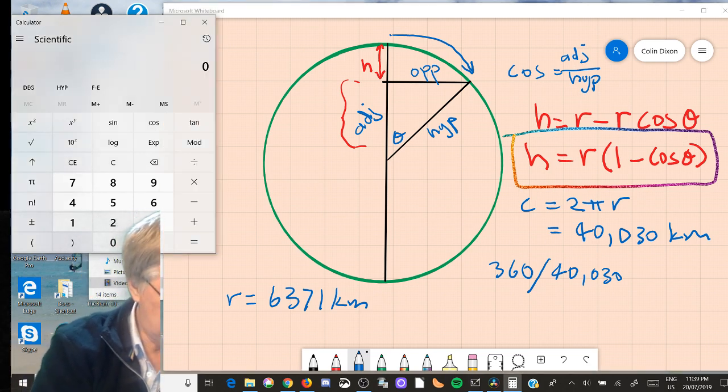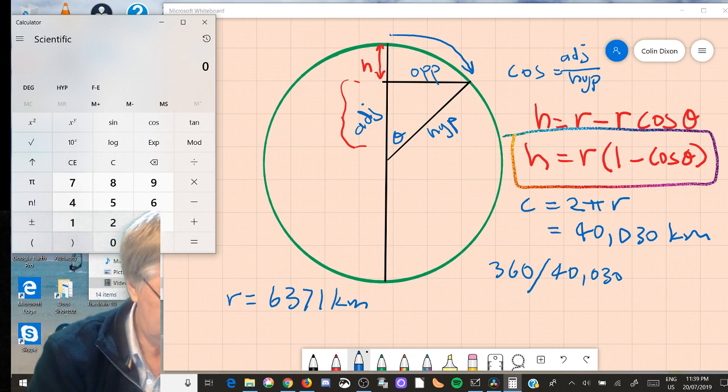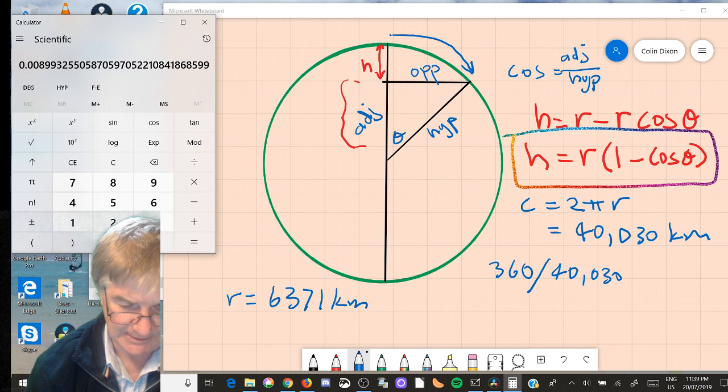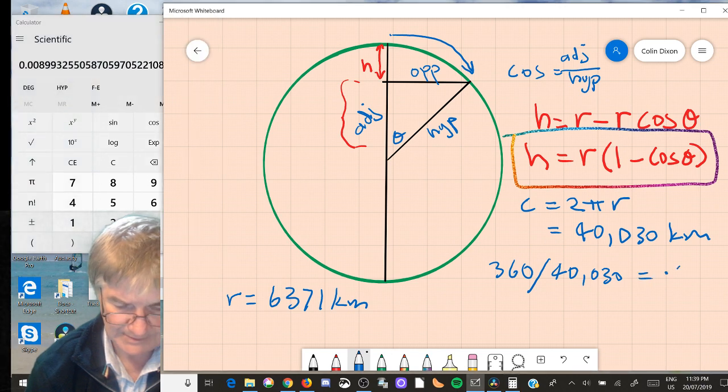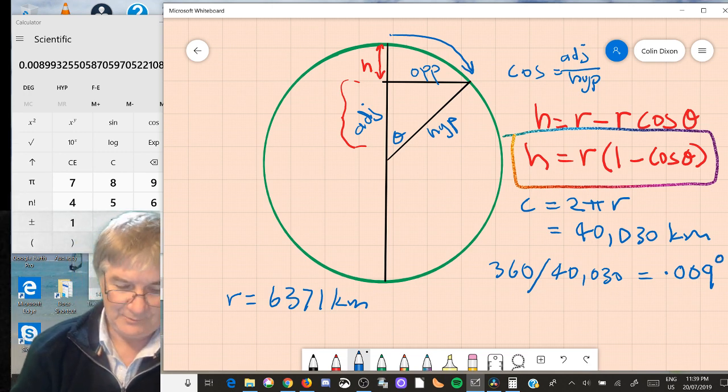So let's do that. 360 divided by 40030 equals, oh, something wrong there. I think I multiplied. 360 divided by 40030 equals 0.009 degrees. So for every 1 kilometre, we have 0.009 degrees.